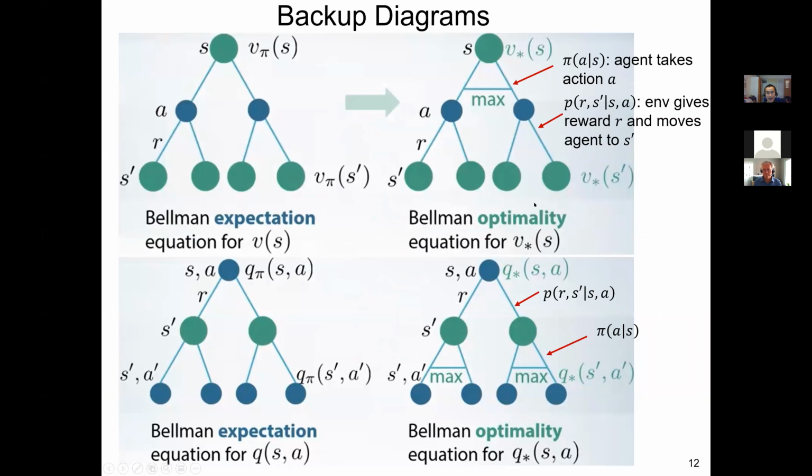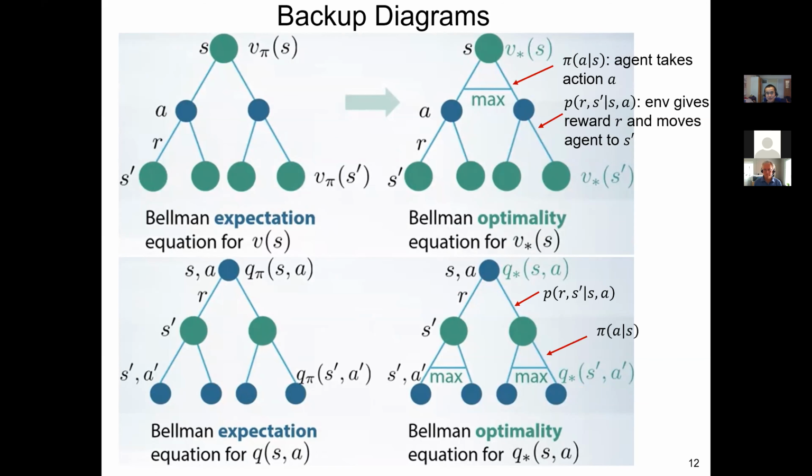The agent only has a choice of different actions from the state nodes, that is from the big green nodes, and then at the blue nodes, the environment has the initiative. The agent loses control at this point.